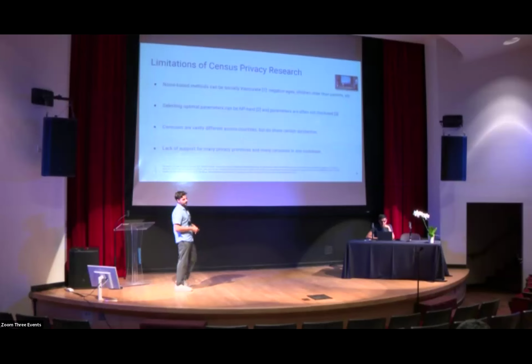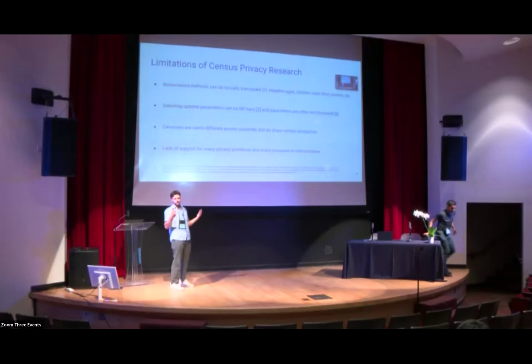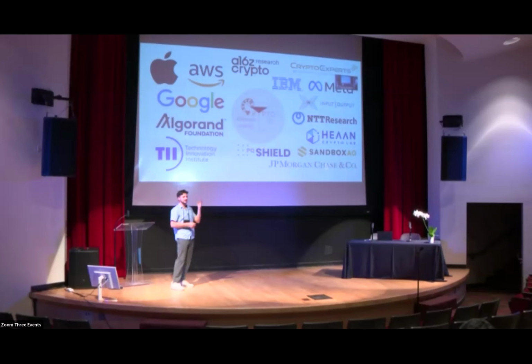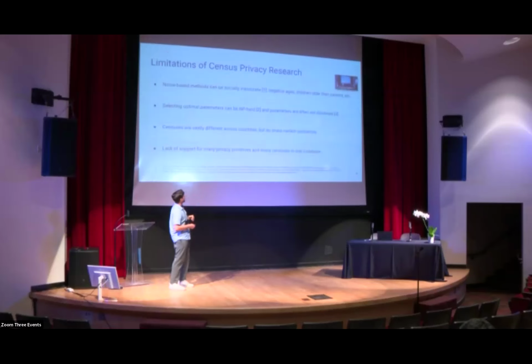So there are some limitations of this research using traditional privacy preserving methodologies, in particular with noise-based privacy tools like differential privacy, which we'll talk about. You can have some pretty big issues with census data. So someone's age cannot be negative, and if I sample noise from a distribution and an age ends up being negative, that would be a problem.